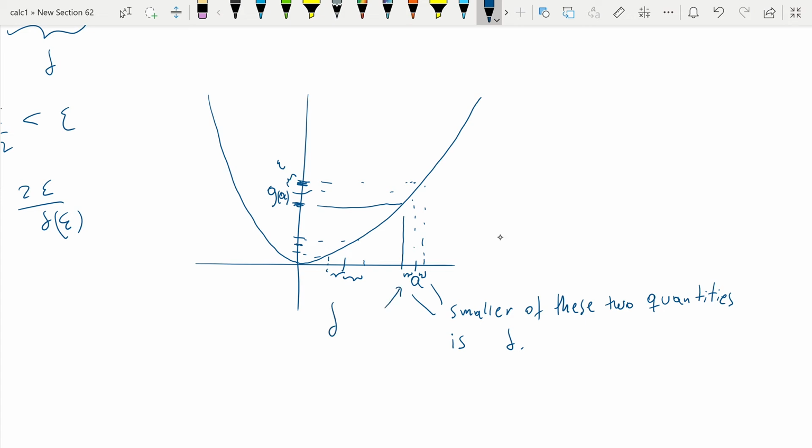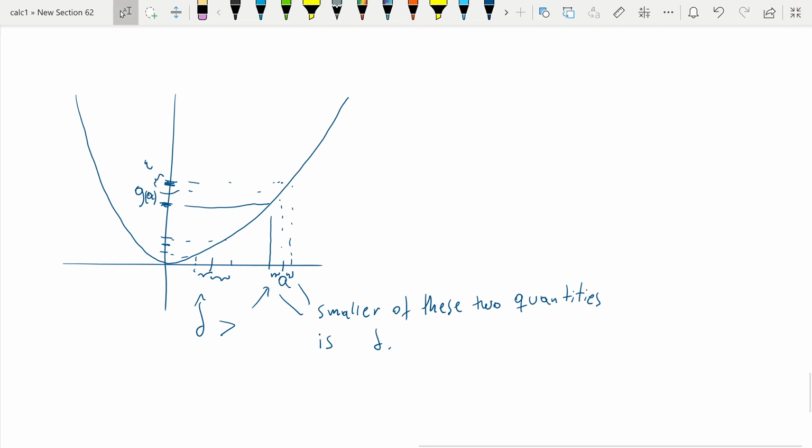So here delta is bigger than delta over here. And if you move to the right, so if we zoom in, we'll see something like this. For very large values, you see that the x-coordinate is changing very rapidly. So if we just move a little bit to the right from a point A, and this is the image of the point A, we're going to see a huge change in the values of the function.